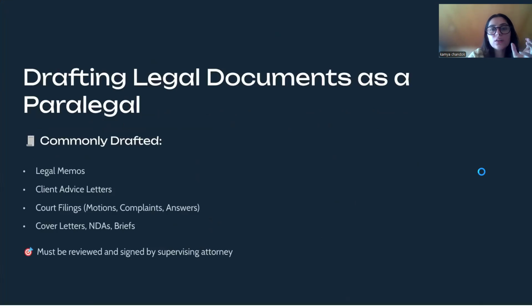Now let's talk about how to draft legal documents as a paralegal. Paralegals draft a variety of documents that could include legal memos, which are basically your internal documents analyzing a legal question. Then are client advice letters, which are clear summaries of the legal positions for the clients. Then you have court filings, which include motions, complaints, and answers.